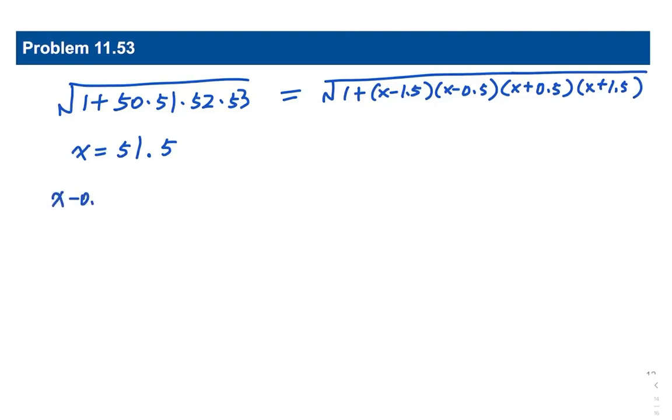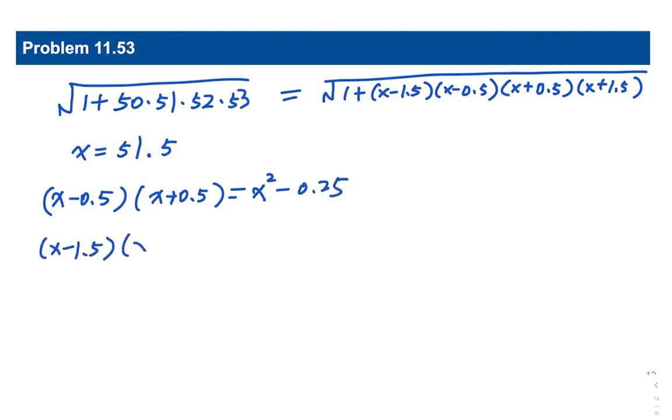X minus 0.5 times x plus 0.5 equals x squared minus 0.25. X minus 1.5 times x plus 1.5 equals x squared minus 2.25.